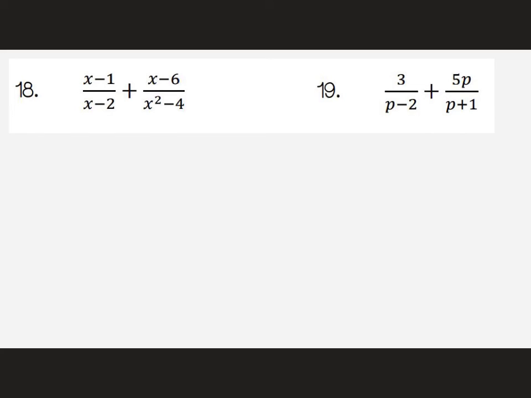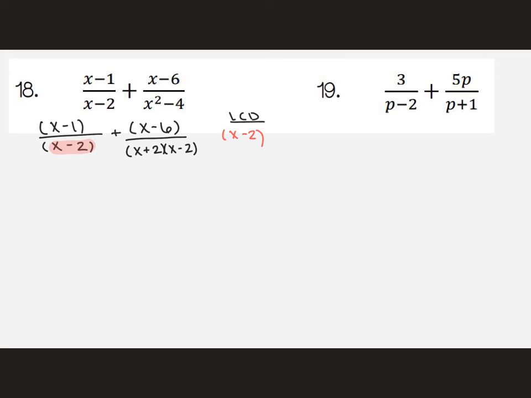For number 18, I want to factor my denominators first. So I have x minus 1 over x minus 2 plus x minus 6, and x squared minus 4 will factor to x plus 2, x minus 2. Then I want to list my least common denominator, so I do that by writing down the entire first denominator.